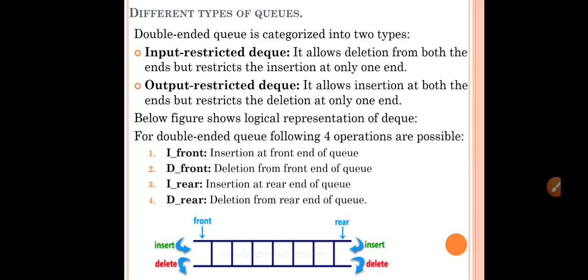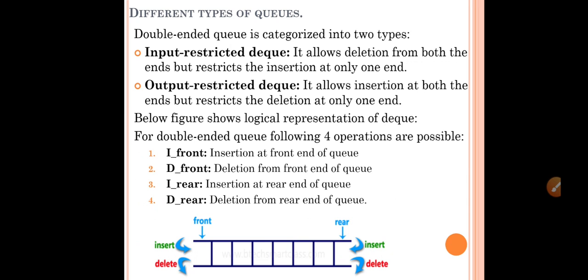Okay, as shown in the figure, for a double-ended queue, the following four operations are possible: I front, insert at front end of queue. D front means deletion from the front end of the queue. I rear means insertion at the rear end of the queue. D rear means deletion from the rear end of the queue.